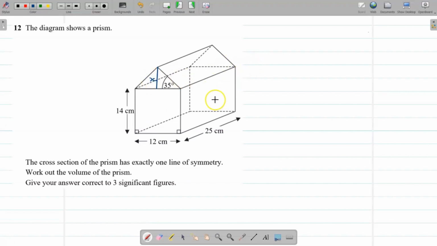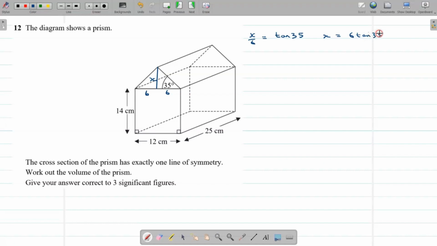And I'm going to recognize that it's a tan relationship. If that's 6 and that's 6, we've got opposite over adjacent. So x over 6 equals the tan of 35. So therefore, x is equal to 6 tan 35.